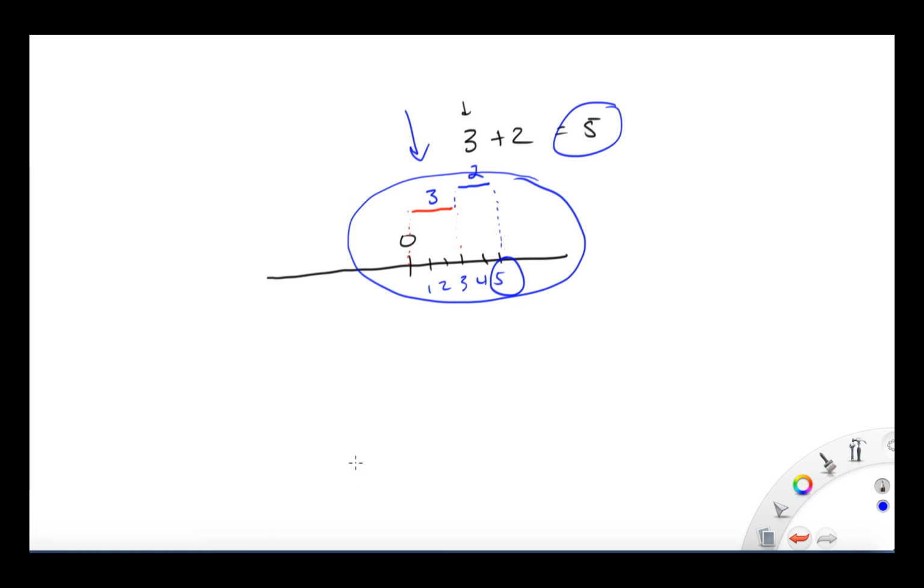The same is true on example 4, where it says 5 minus 3. Again, it says to show on a number line, so let's put our origin in there. We know we have to go at least to 5 tick marks, 2, 3, 4, 5. We're going to start with 5, so let's draw our little dotted line up, and we're going to say 5 minus 3.